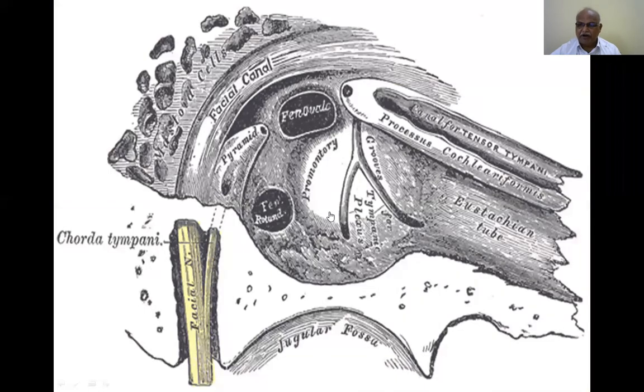Now again, I am going to the clinical anatomy. The endolymph is produced in the cochlear duct. Endolymph is present in the membranous labyrinth and also in the cochlear ducts. The endolymph is produced by the melanocytes.